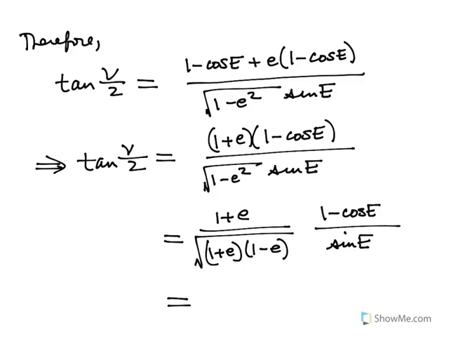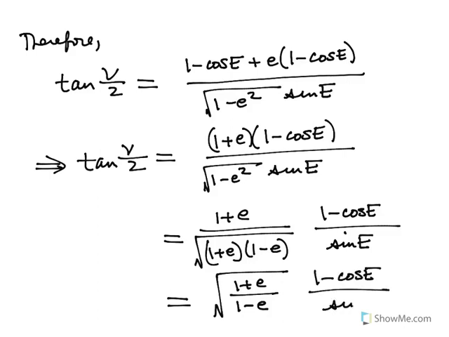Well, because you've got a 1 plus e over the square root of 1 plus e, the whole thing becomes the square root of 1 plus e, all divided by 1 minus e, times 1 minus the cosine of e, all divided by the sine of e. So this is the tangent of nu over 2.